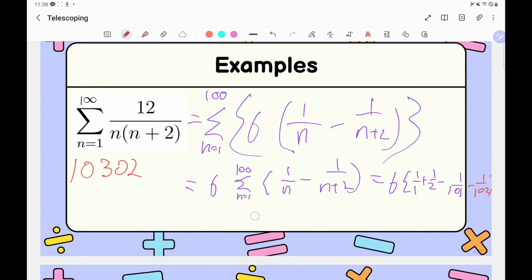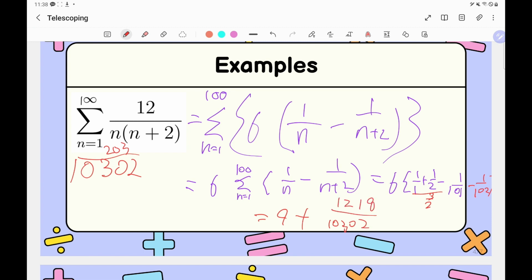Let's just do it this way. This is 2 over 3, so this is 9 plus 101, 102, which becomes 10302 over 203. So if we times 6 on this, 10302 over 1218.